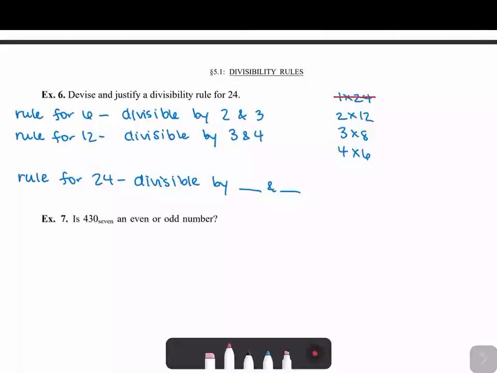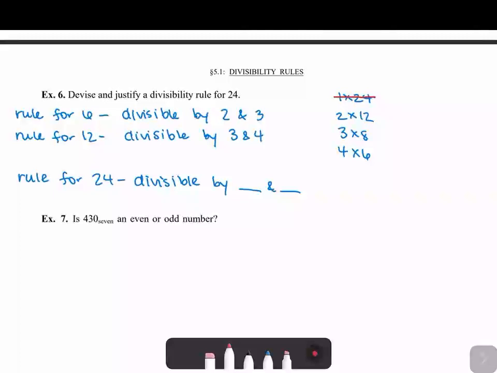Well, 2 and 12 might work, but let's think about how we came up with these rules for 6 and 12. We talked about this concept of overlap. So for 6, the only multiples of 2 and 3 that are shared are the multiples of 6, right? The multiples of 2: 2, 4, 6, 8, 10, 12, and then the multiples of 3: 3, 6, 9, 12.